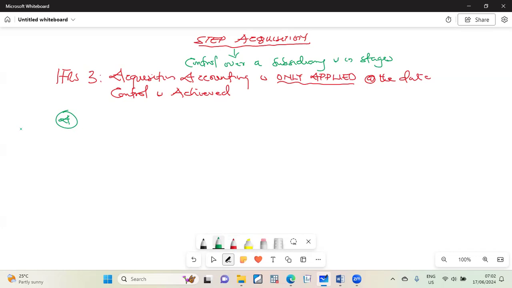And because you don't have control yet, all your pre-existing equity interest in an entity can be accounted for in these various 3 ways.